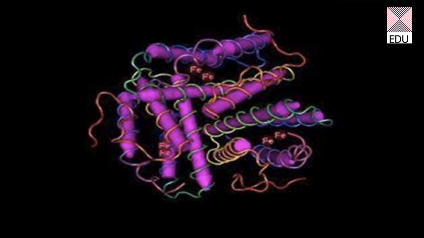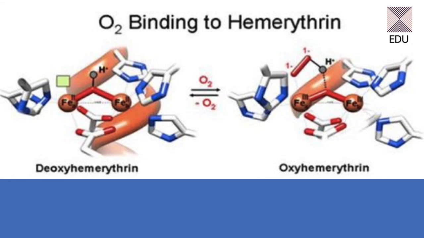If we see the structure of hemerythrin, you can see very well the presence of iron moieties. If you see the oxygen binding capacity of hemerythrin, you can see that this iron moiety is taking up oxygen and it changes its form from ferrous to ferric.